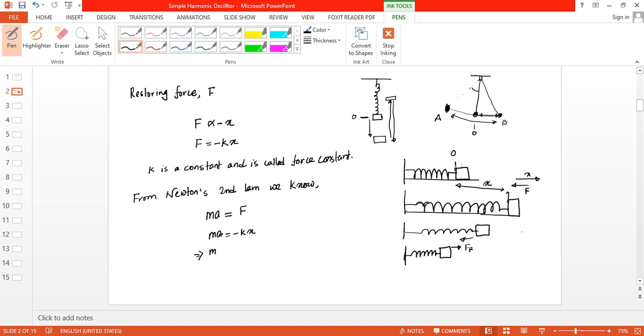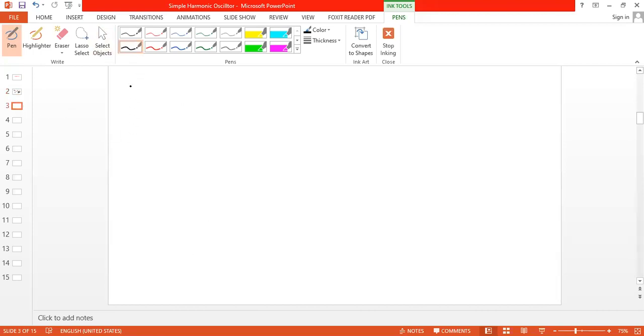What is a, by the way? a is acceleration, and acceleration can be written as d square x over dt square, which is equal to minus kx over m. We can write this as d square x over dt square plus k over m x equal to 0.